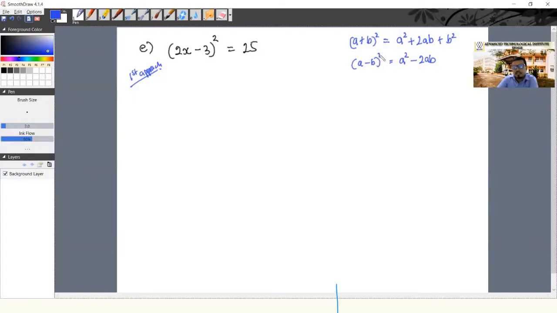Minus b into minus b will form plus b squared. And one more thing. What about this? A squared minus b squared. The same thing we can rewrite as how?